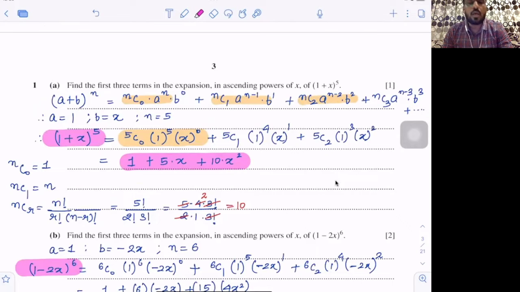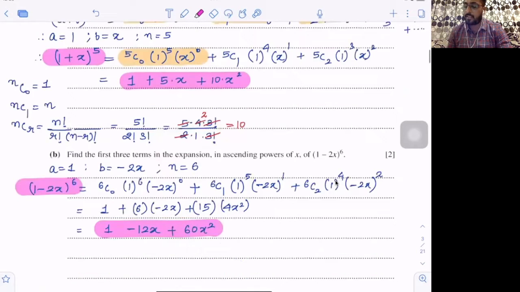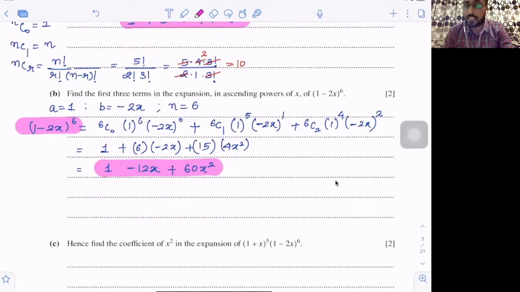But since the question demands only the first three terms, I have kept my formula up to the first three terms. You getting that? We will not go beyond the third term. So I've got the answers for 1 plus x to the power 5, that has fetched me 1 mark, and the expansion of 1 minus 2x to the power 6, that has fetched me another 2 marks.